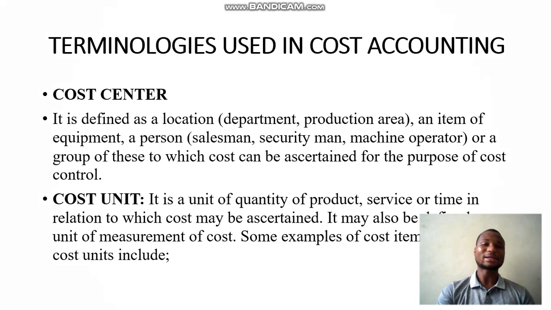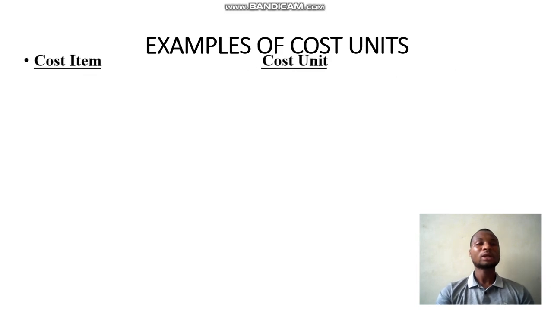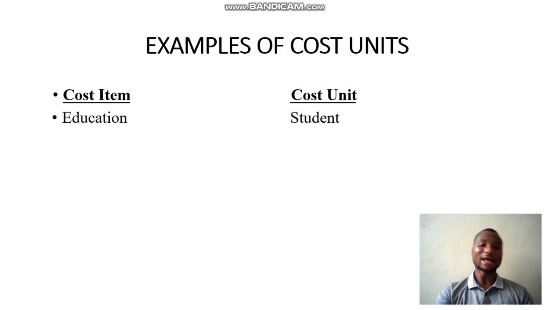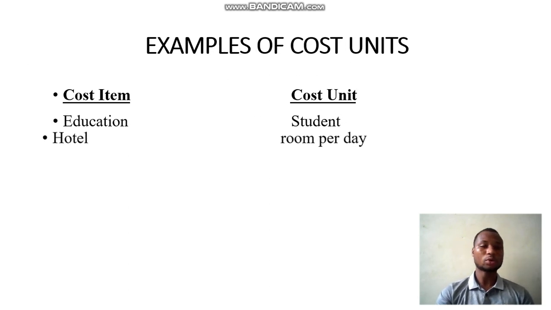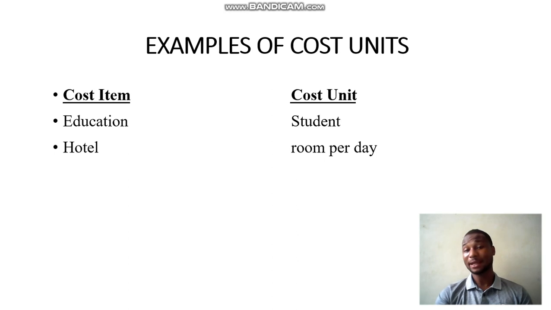Let's take a look at more examples. With the educational sector, we are talking about a student as the cost unit. If you come to a hotel, we are talking about room per day. The room that people are coming to sleep in, we can use it as a cost unit in measuring the cost of the hotel.